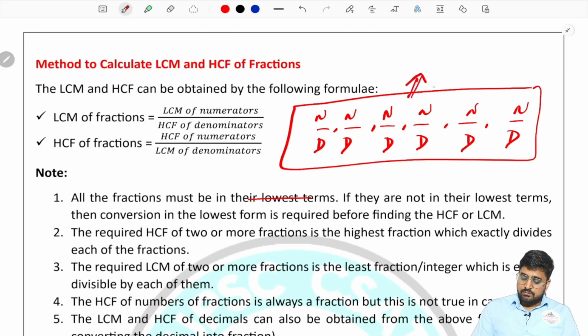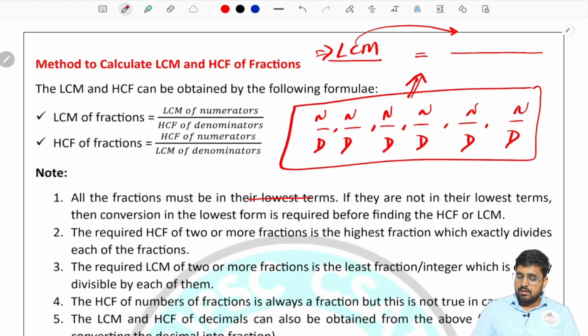When this question comes in the examination, do one thing. If you are going to calculate the LCM, always take care that at the numerator you keep what the question is asking.